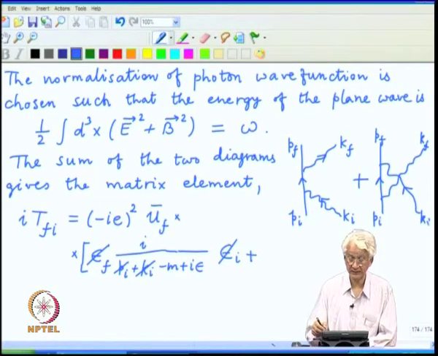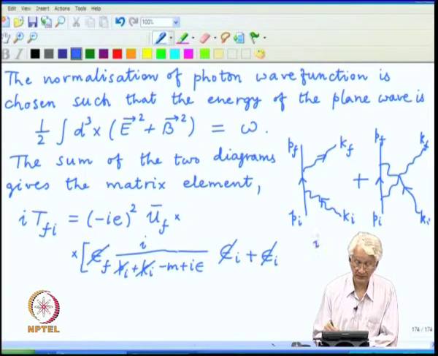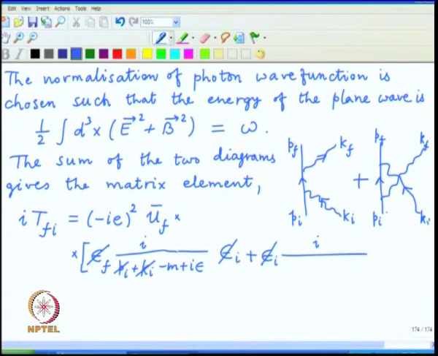And now, the similar thing for the second diagram, but now the vertices are interchanged. First we have epsilon_i slash, then there is an i times the propagator for the electron, but the momentum conservation now says that this intermediate momentum is p_i slash minus k_f slash, that photon got emitted first, and then minus m plus i epsilon, and then now you have epsilon_f slash.